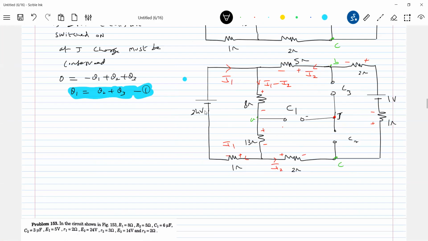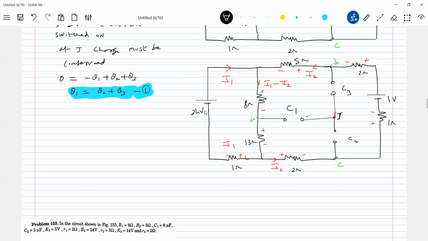Sir, when are we supposed to replace the capacitor with an open circuit, and when are we supposed to replace it with a cell, sir? So here, at steady state, after a long time, we are discussing the problem after a long time. In the first circuit, it's steady state only.